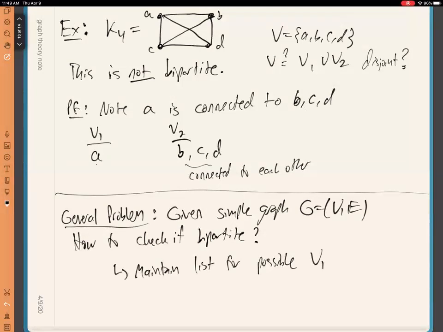So I can do this process where I put one vertex in V1, and then everything it's connected to, if it were bipartite, I would have to put in V2. Once I do that, I move on to the next element that hasn't been covered, and you keep doing this until you hit everything. Then you can check if the thing that you result with does actually meet the conditions that are required. And if it doesn't, then the graph can't be bipartite.